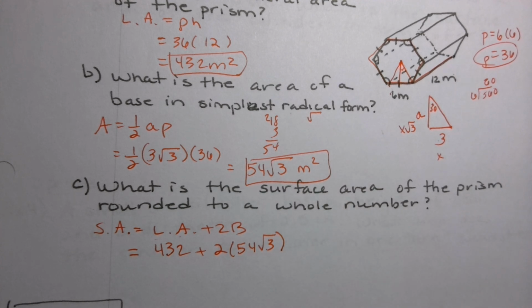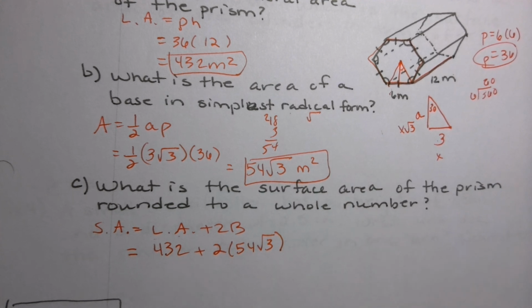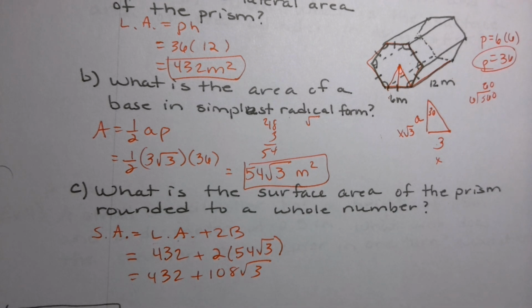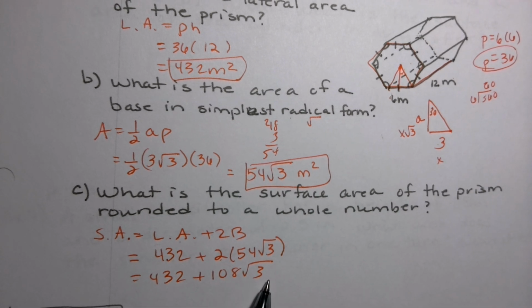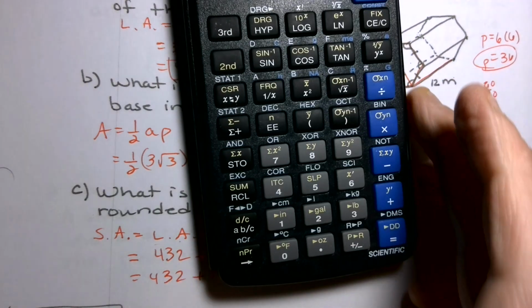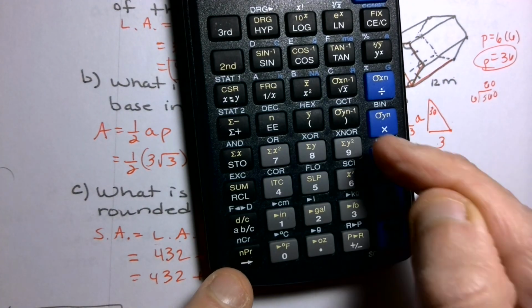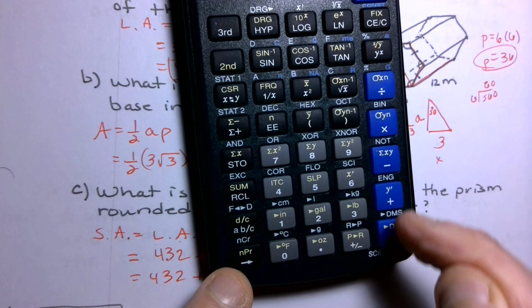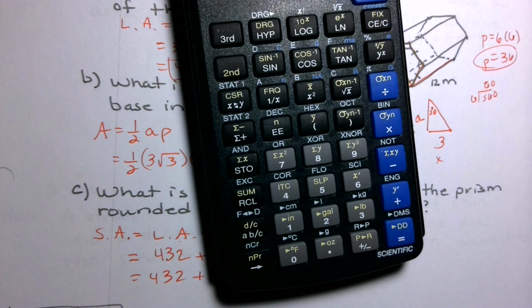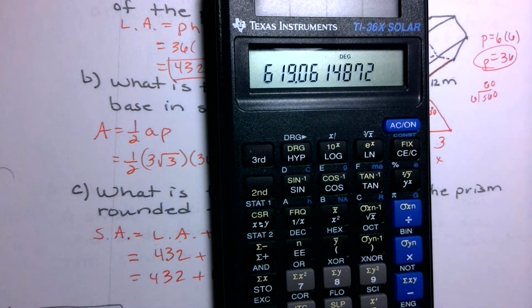So it says round to the nearest whole number. Okay, so first I'm going to reduce it as much as I can. 2 times 54 is 108. So I would do this part first and multiply it. 108 times root 3, plus 432 is 619.06, and it says whole number.